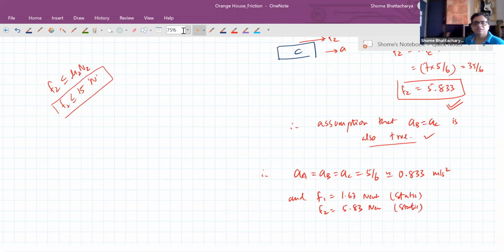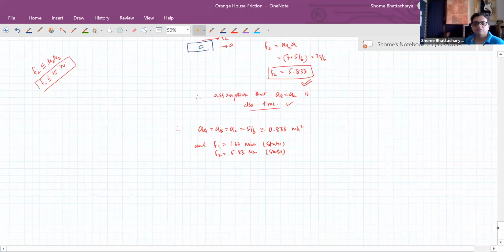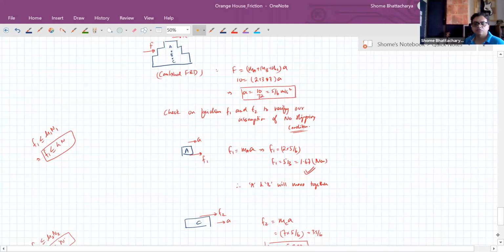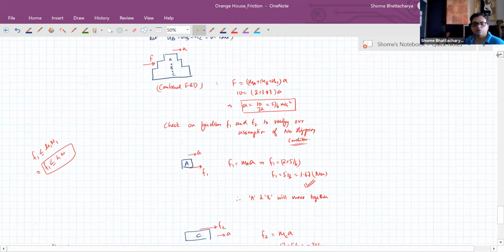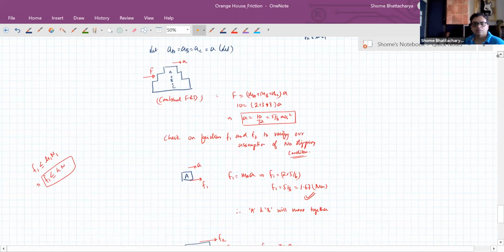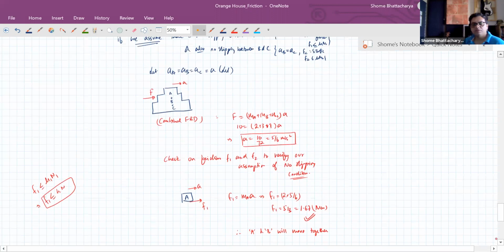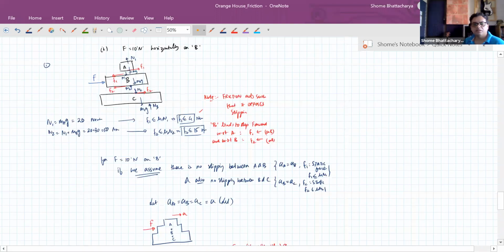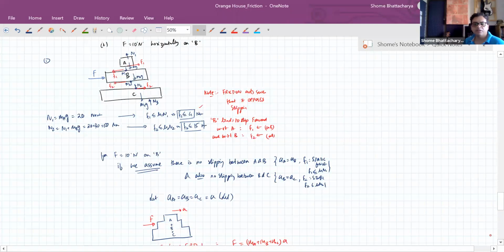So this general method that we have used of solving this is the common method that we will use in all the parts. The first and third part also you use the same common method of solving. You start with the assumption that there is no slipping. If there's common acceleration, then find out how much that common acceleration is.